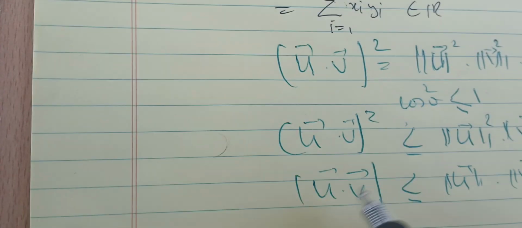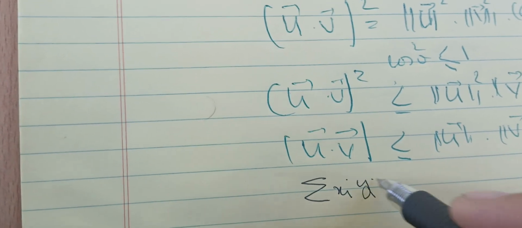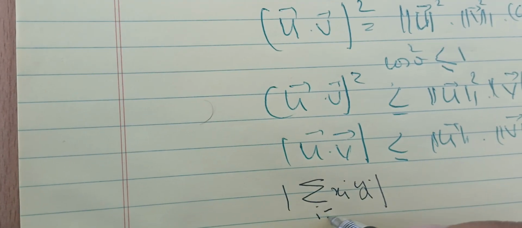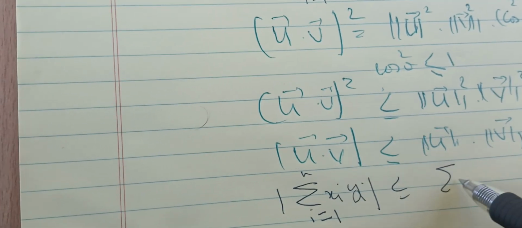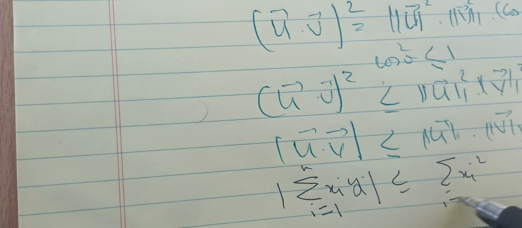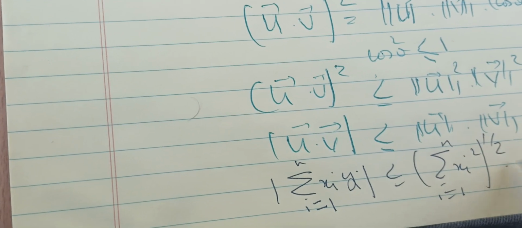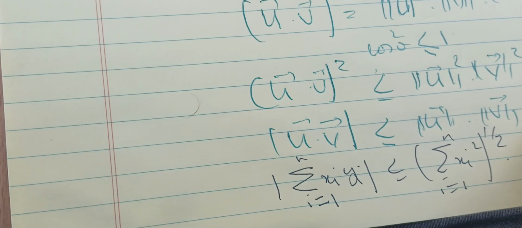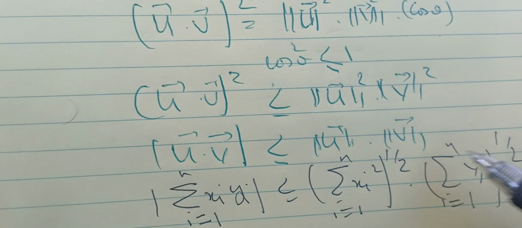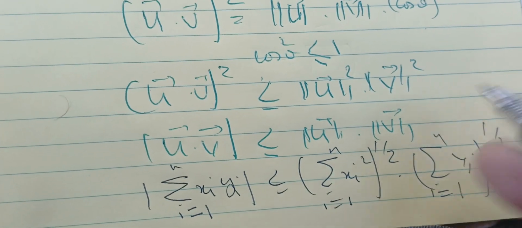So we have the absolute value of the sum of xi yi, i between 1 and n, is less than or equal to the square root of the sum of xi squared times the square root of the sum of yi squared. So this is the Cauchy-Schwarz inequality, and this is how we prove it.